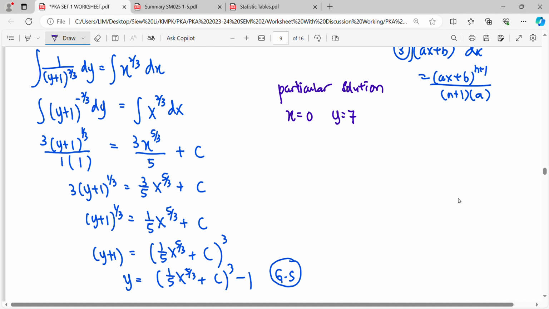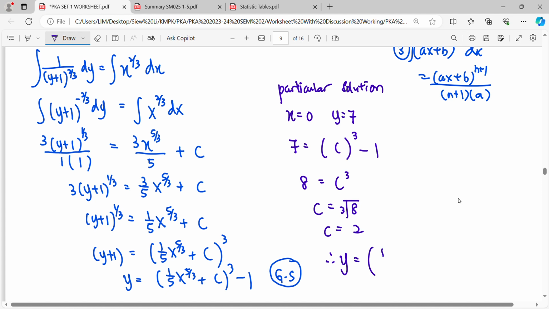The purpose of substituting y equals 7, x equals 0, is for us to find back what our c is. So move back 8, cube root of 8, we get 2. So lastly, your y will be equal to 1 over 5 x power of 5 over 3, c is 2. Then only this is the particular solution.